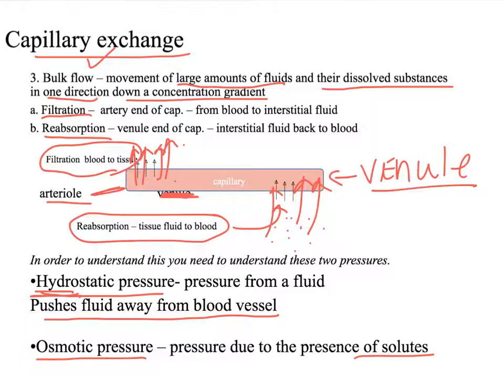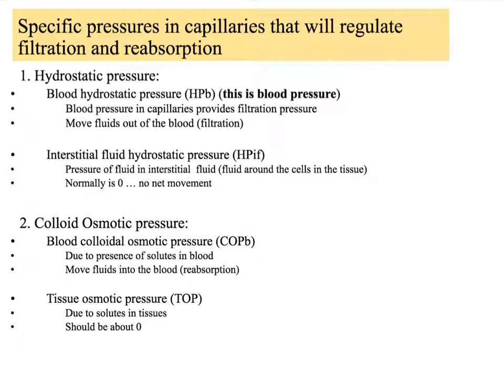Okay, let's keep going here. Here are the different pressures and their abbreviations, because I'm going to show you some formulas, and I don't want you to freak out about the formulas. I just want you to know, in general, how it works. The first one is hydrostatic pressure. There are two hydrostatic pressures, two fluid pressures we're going to look at.